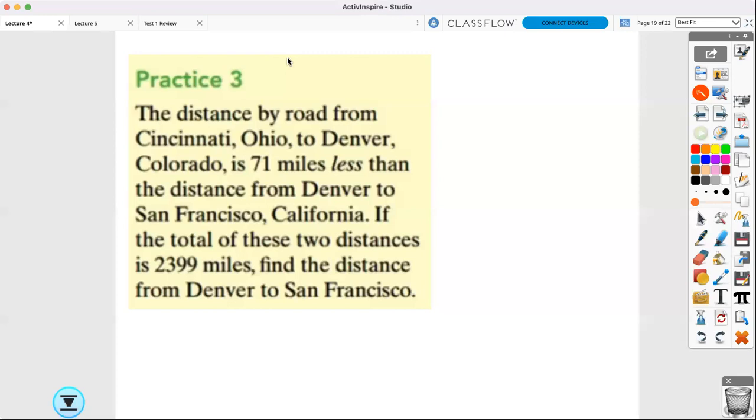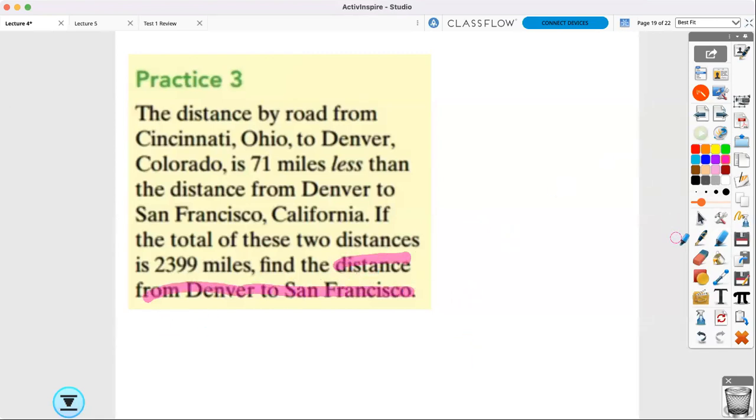So right there, guys, reading the whole thing, which distance of the two is our x? What is the unknown that we're trying to find? Denver to San Francisco. Yeah, the distance from Denver to San Francisco.